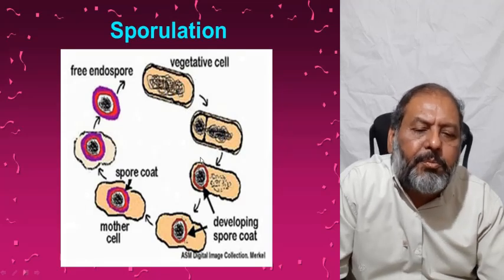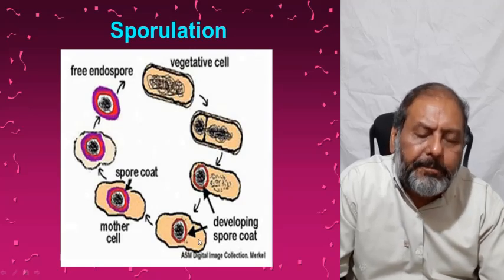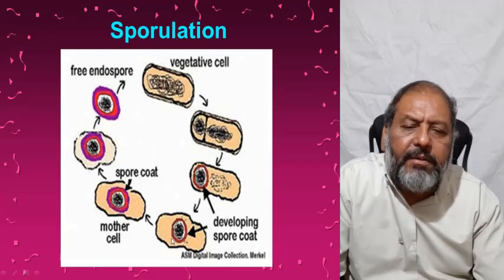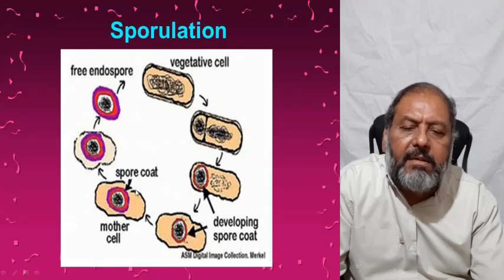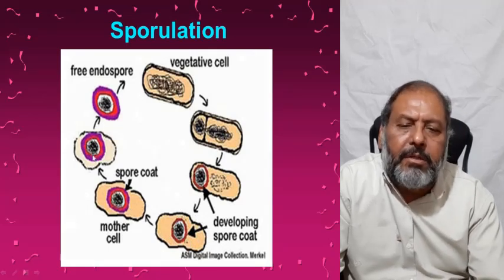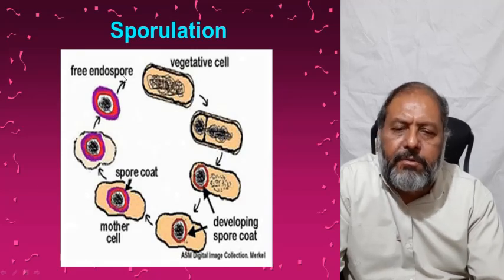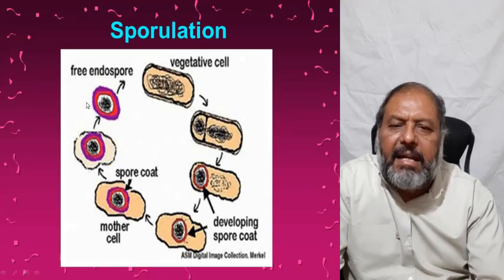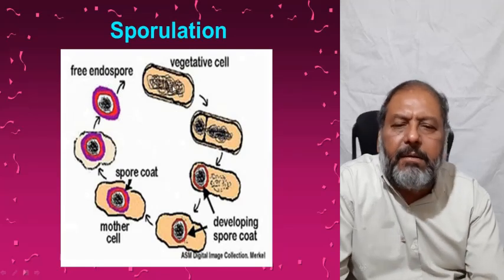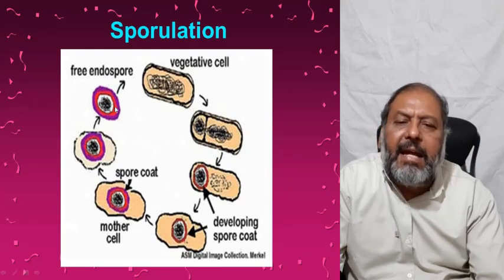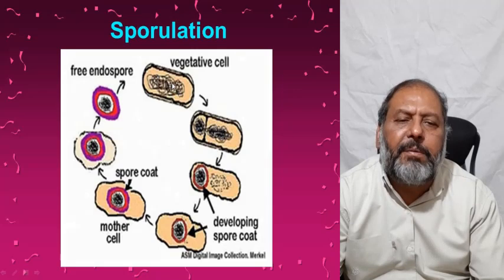At one end there is a spore formation and this spore is able to resist the extreme environment, and the spore detaches from the mother cell, and this free endospore is able to live independently till the time it gets proper nutrition and favorable conditions, and then again it can become a vegetative cell which is capable of dividing.